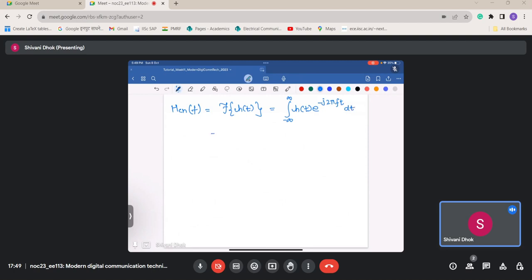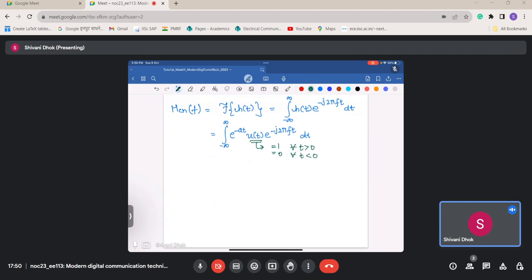So now I can write this as the integral from minus infinity to infinity of e^(-at) u(t) e^(-j2πft) dt. Now u(t) is equal to 1 for all t greater than 0 and equal to 0 for all t less than 0.